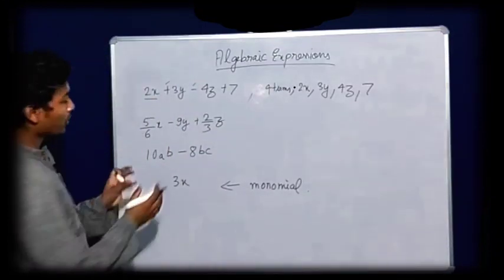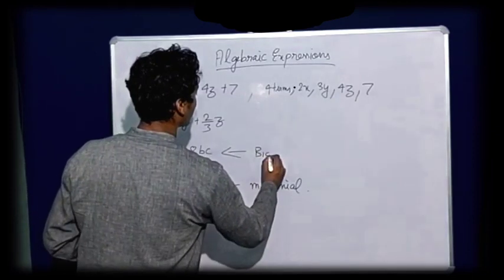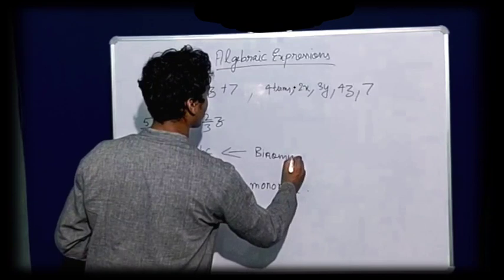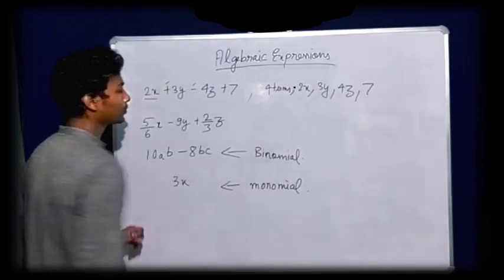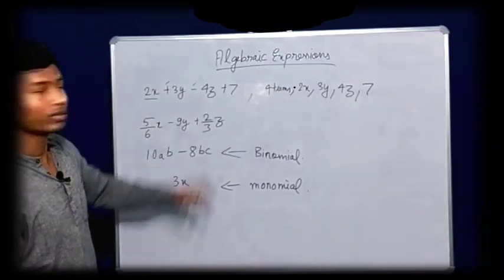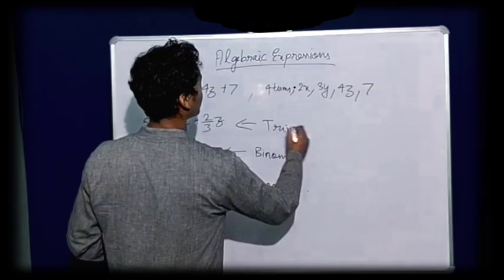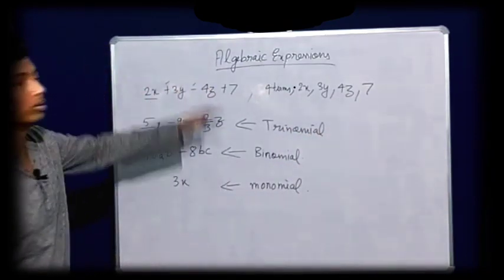If an algebraic expression has 2 terms, it will be termed as a binomial. And if an algebraic expression has 3 terms, it will be termed as a trinomial. Now what about 4 terms?